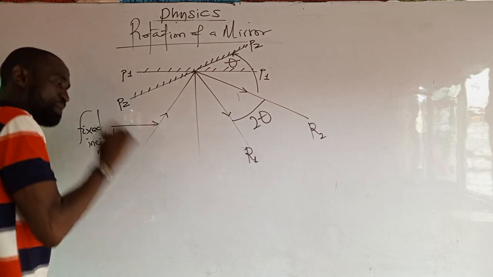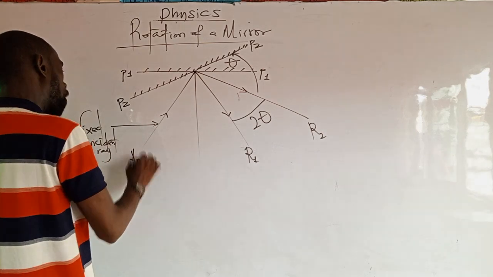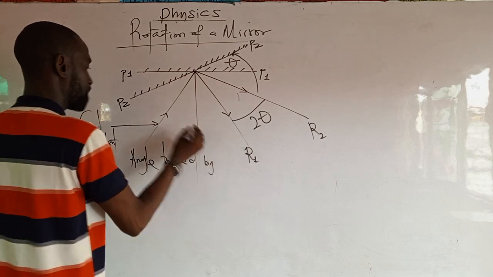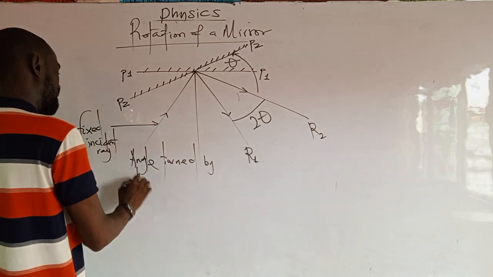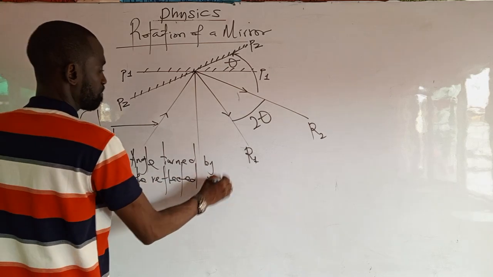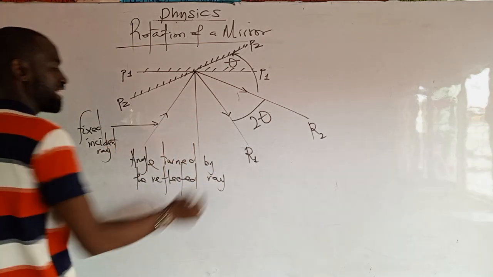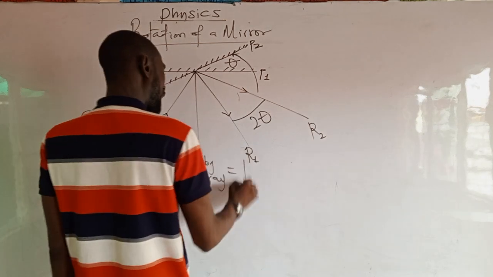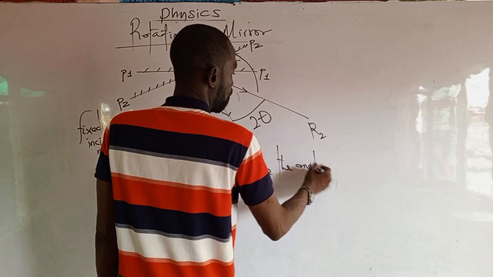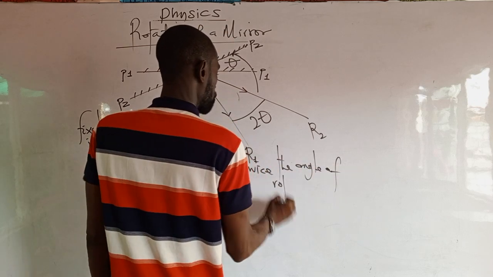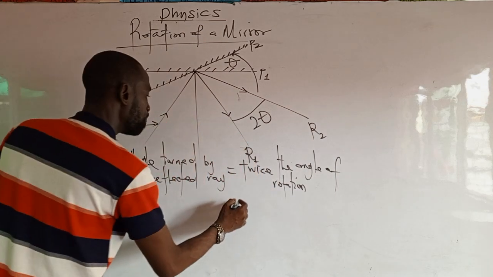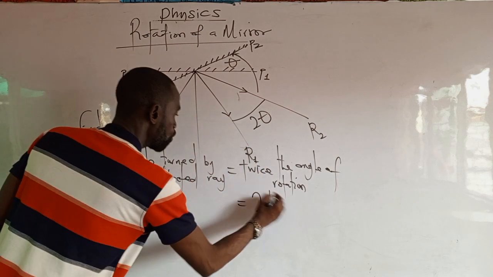So let me write this down. Angle turned by the reflected ray is twice the angle of rotation. So whenever a mirror is rotated through theta, the angle turned by the reflected ray is 2 theta.